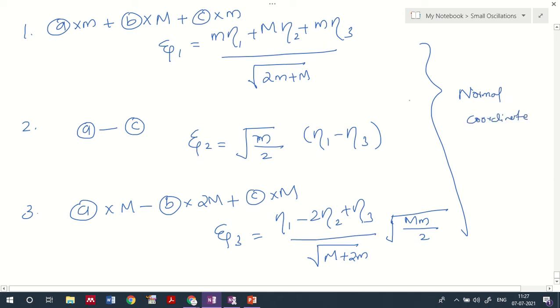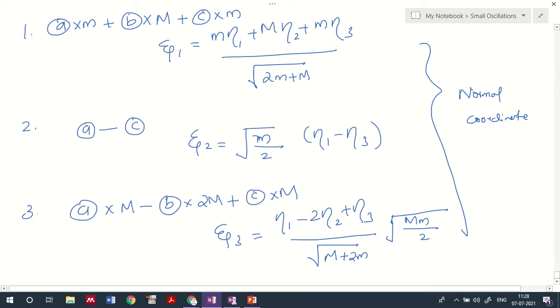So what are the normal coordinates? Zeta 1, zeta 2 and zeta 3. So we identified what zeta 1 is here, and the zeta 2 and zeta 3 representations over there. That is what we have done lastly. With the triatomic molecule case, we started to identify the normal frequencies, and further we identified the normal modes corresponding to that.